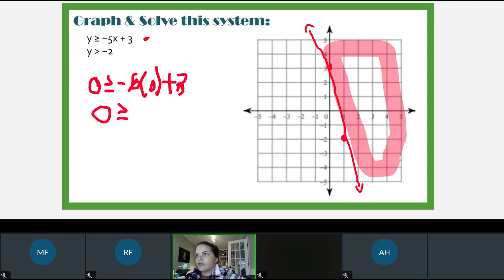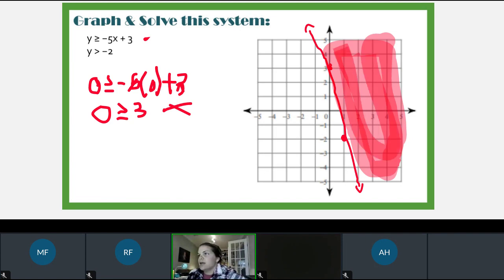Ask ourselves, is 0 greater than or equal to 3? It is not. So we shade the side that does not contain 0, 0.